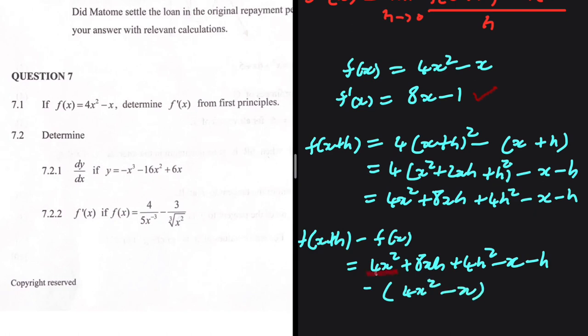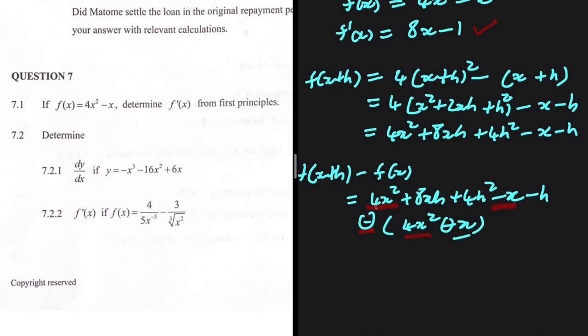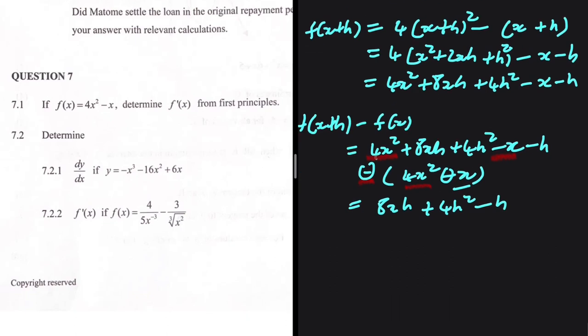So we have 4x squared minus 4x squared, that is 0. And then we have minus x plus x, that is also 0. So f of x plus h minus f of x will give us 8xh plus 4h squared minus h. Now we just need to divide by h.